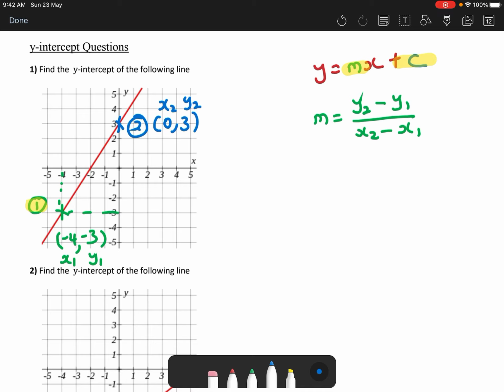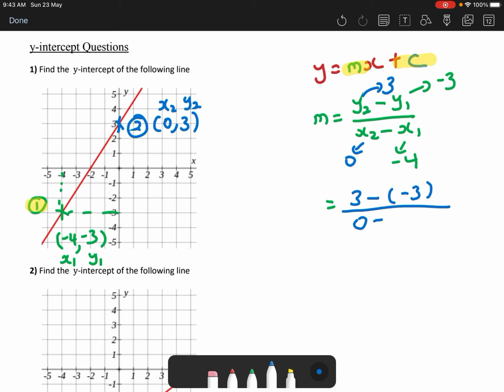So y2 will be 3, y1 will be -3, x2 will be 0, x1 will be -4. Then after that I just calculate 3 minus -3, divided by 0 minus -4.